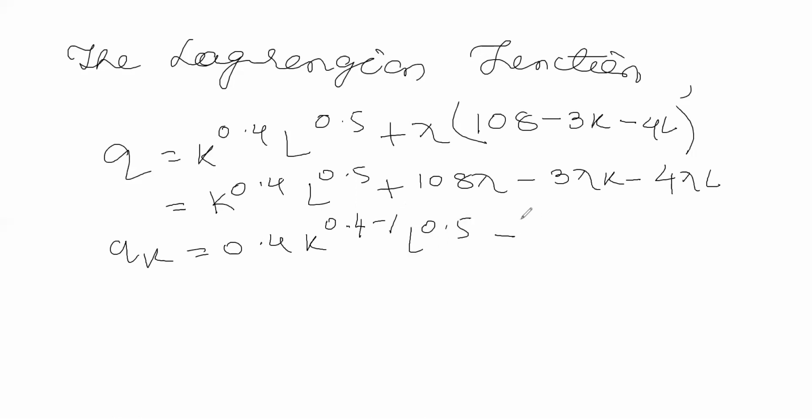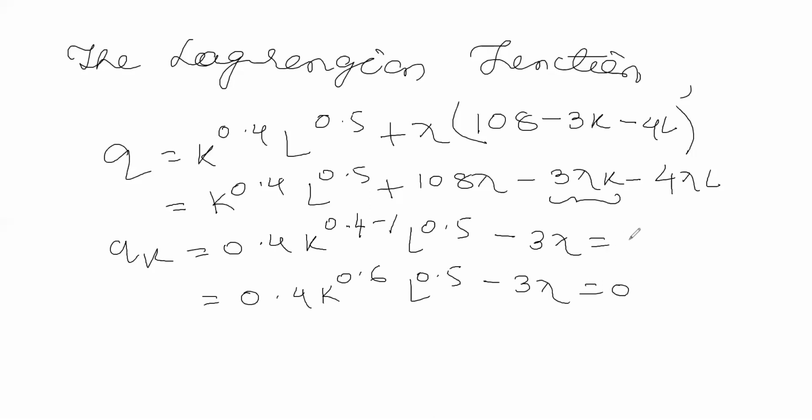As we are differentiating it with respect to K, we are left with 3 lambda. So here we get 0.4 K to the power negative 0.6 L to the power 0.5 minus 3 lambda, and then we set it equal to 0, and this becomes equation number 1.